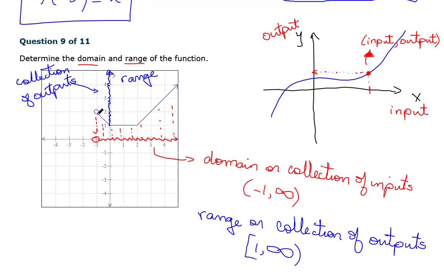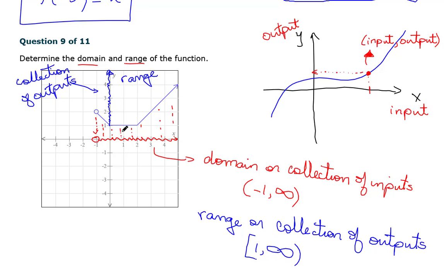And if I look on this side over here, the graph keeps going up forever. And therefore my range is on the y-axis, and it's from 1 to infinity. Yes, we did get there. The lowest was positive 1, sorry.